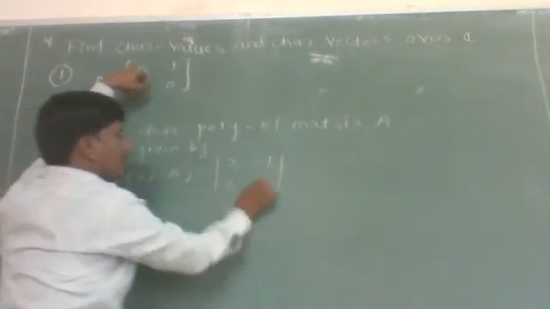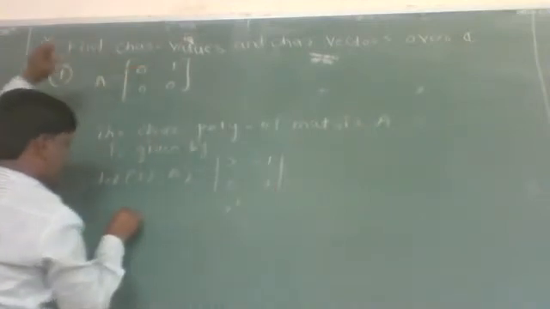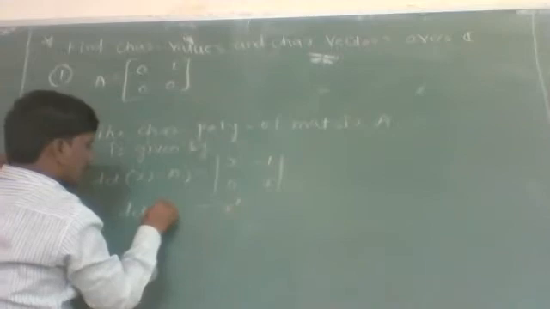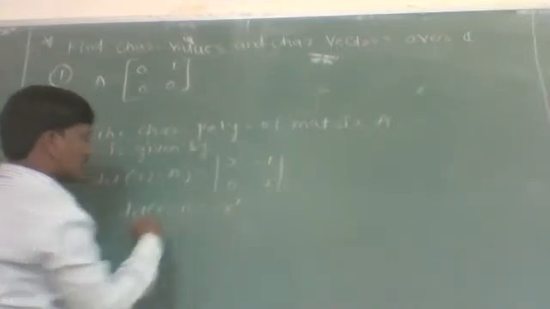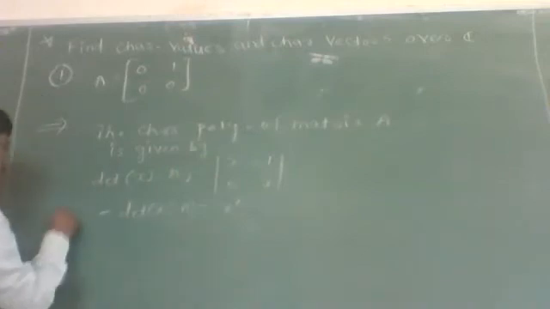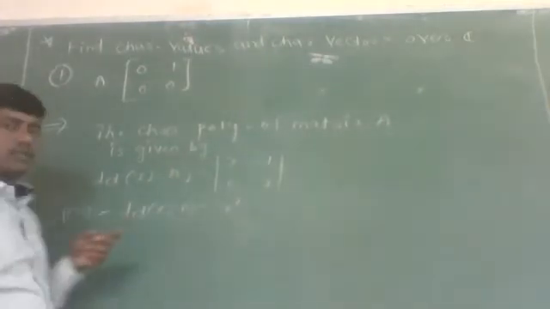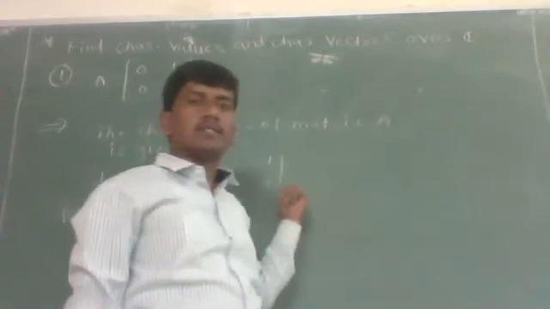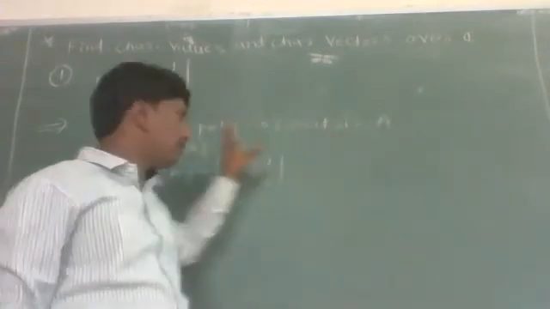This determinant of xI minus A equal to x square is the characteristic polynomial of the given matrix, which is some f of x, and we know that the characteristic equation of a matrix is the determinant of xI minus A equal to 0.